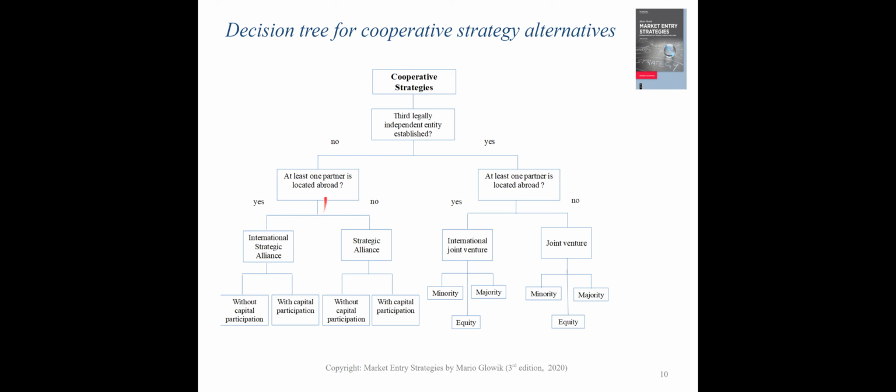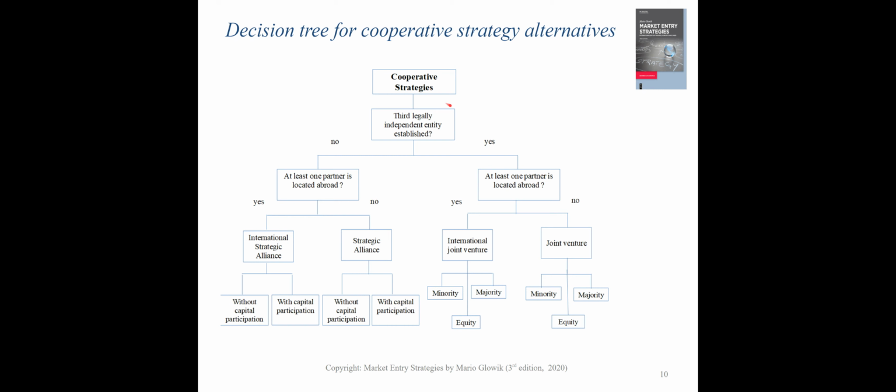This illustration is designed to support you in order to find the appropriate borderline between a strategic alliance and a joint venture. First of all, both belong to cooperative strategies.